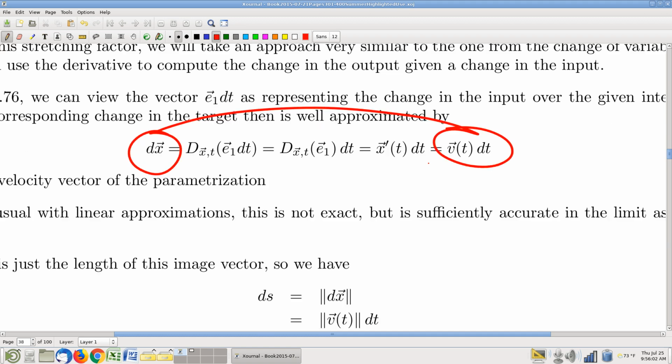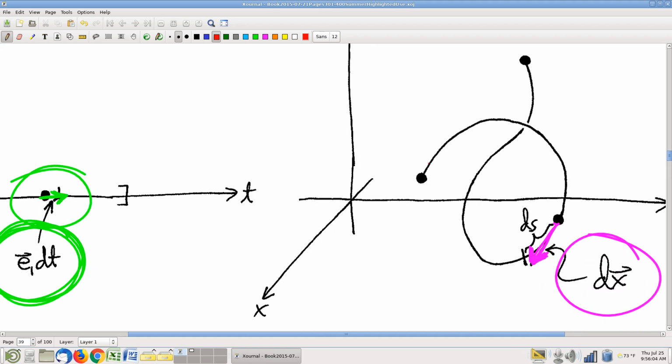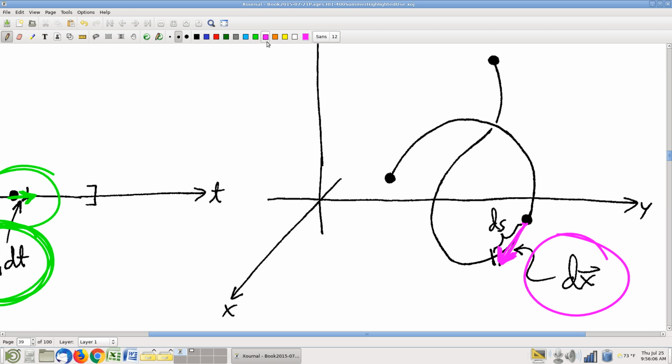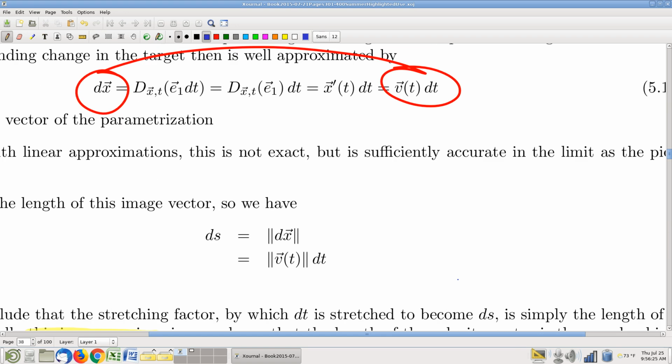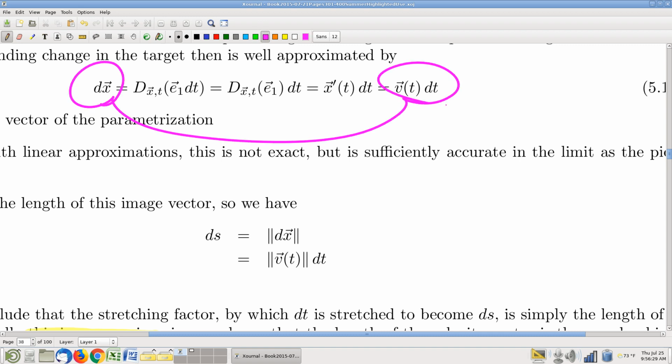And more to the point, what I really need to know about dx is its length, ds. I need to know how long that little piece of curve is. So the magnitude of dx is what I'm looking for. So let's take the magnitude of this dx to get ds.